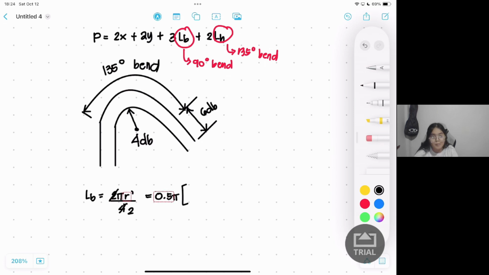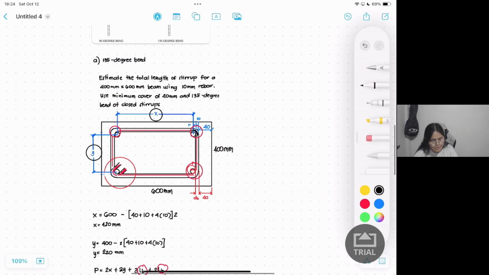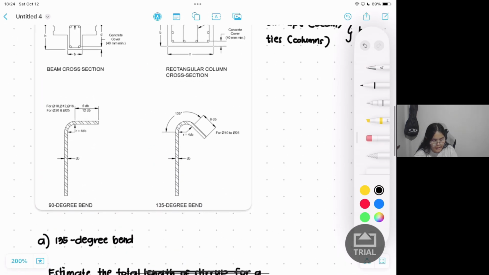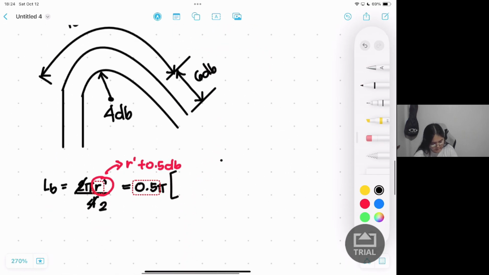Ngayon, si r prime, that is radius plus the 0.5 dB. Pero, dito sa transverse reinforcement, ang radius daw na gagamitin natin ay always 4 dB. So, 4 dB ang gagamitin natin.